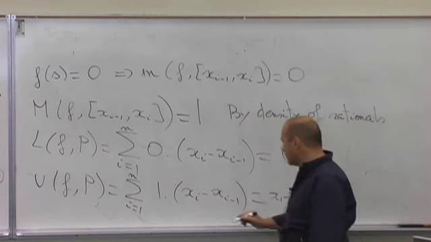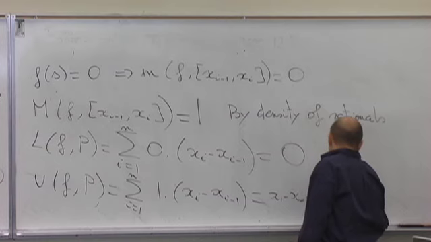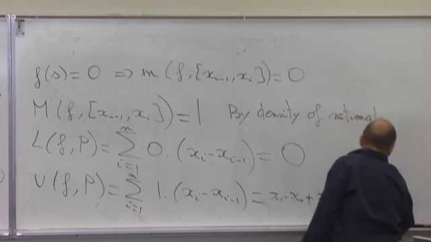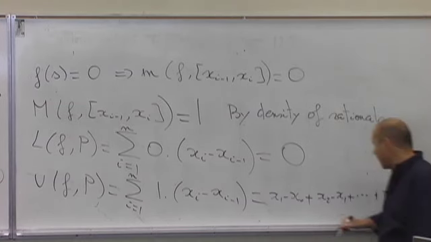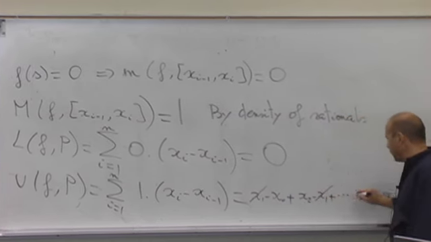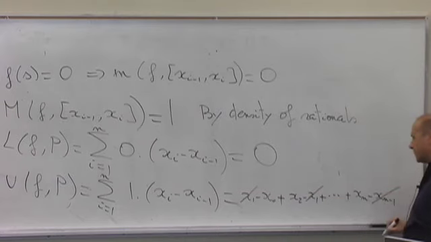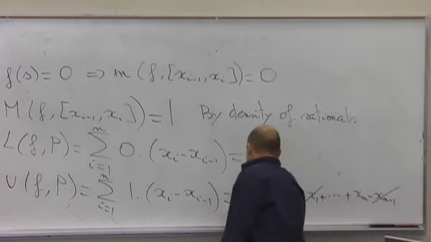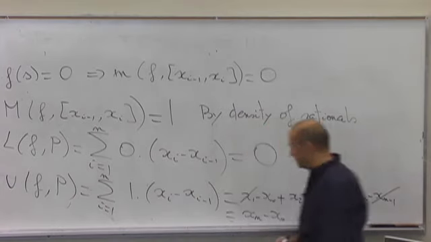Then I do i equal 2, and I have x2 minus x1, and so on, all the way to x_n minus x_{n-1}. So x1 cancels with minus x1, x2 with minus x2, x_{n-1} with minus x_{n-1}, and you're left with x_n minus x0.